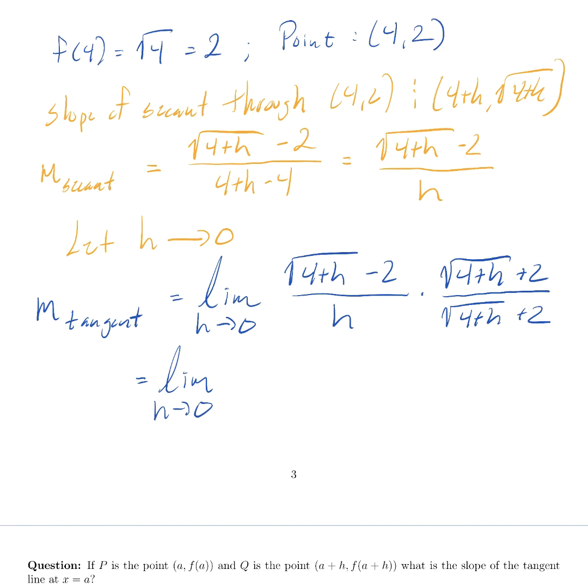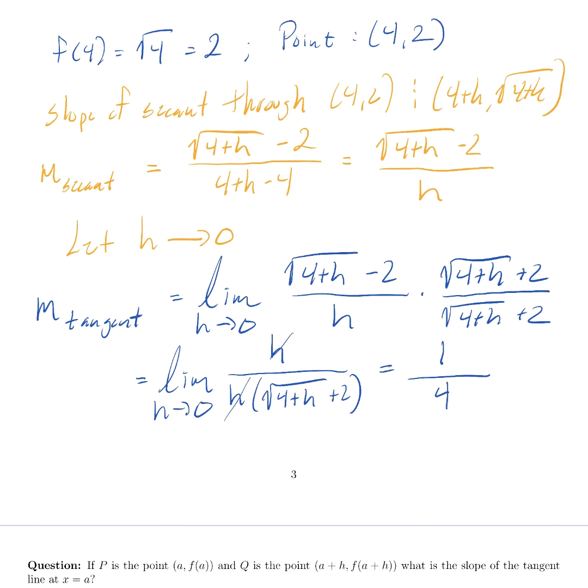So you should see that that numerator simplifies to h, divided by h times the square root of 4 plus h plus 2. These things are going to go away, and we can evaluate this limit at 0. And it looks like we get 1 over the square root of 4, which is 2, plus 2, or 1/4.